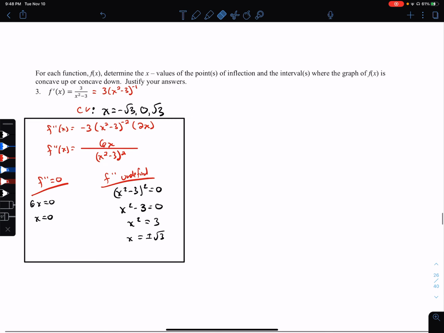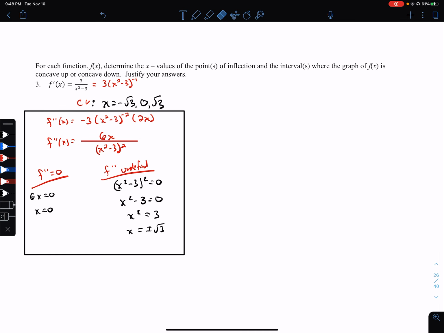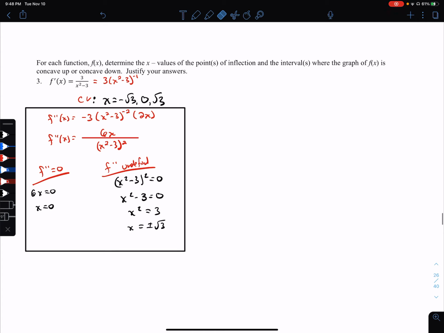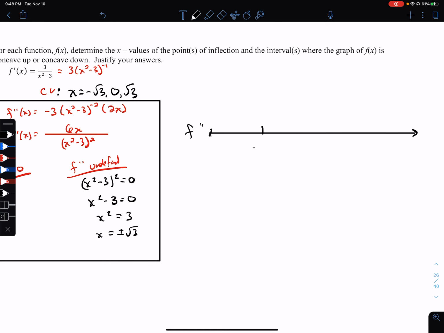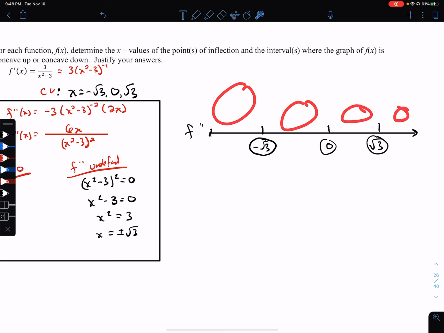If we then make a second derivative sign diagram, this is f double prime. We label the intervals. We've got negative square root of 3, 0, and positive square root of 3. We need to figure out whether it is positive or negative in each of these intervals.